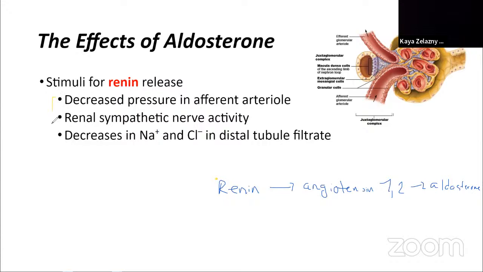I'm going to circle all of these and emphasize that this is low blood pressure. So we're going to say, to be more scientific, low mean arterial pressure. Anything that's telling us we have low mean arterial pressure means we're going to raise mean arterial pressure, means we want more aldosterone, more sodium reabsorption. So we have to release renin in order to make that happen.